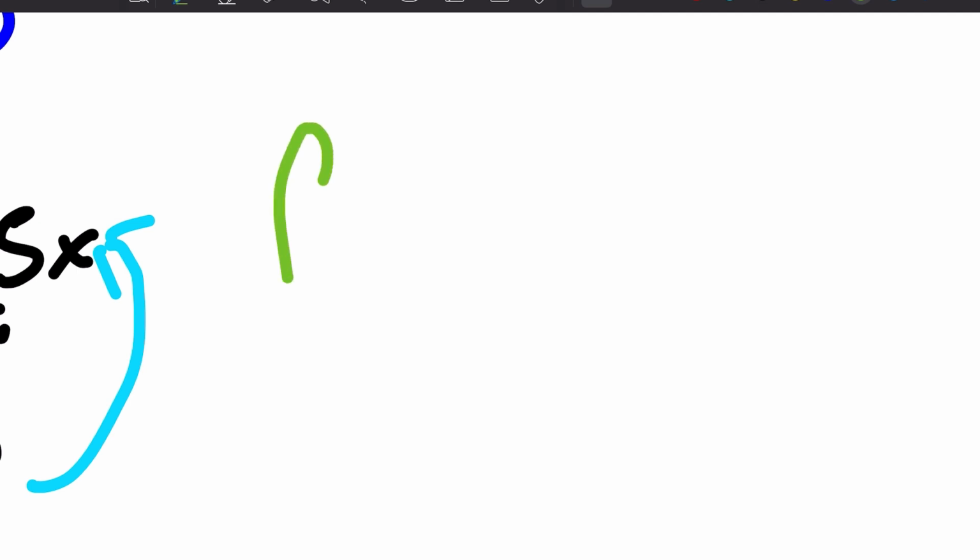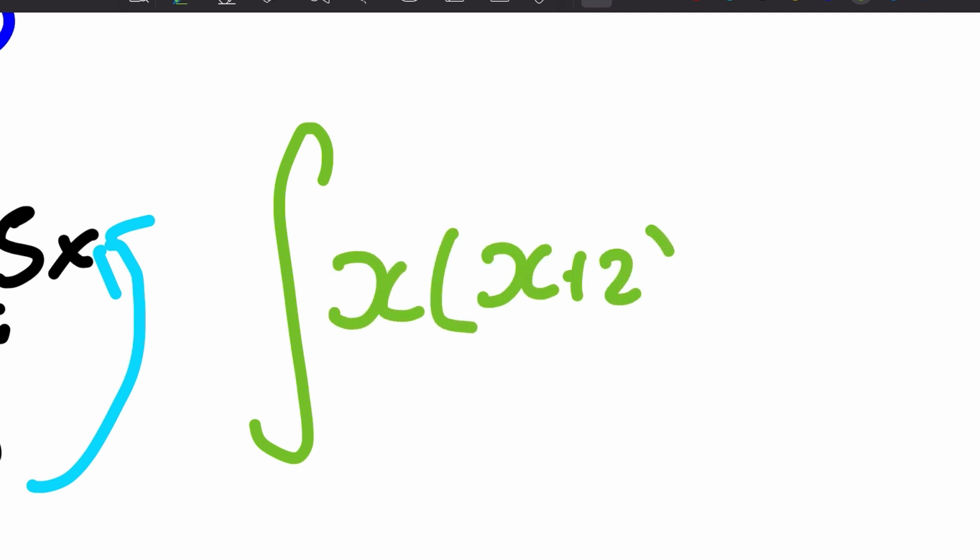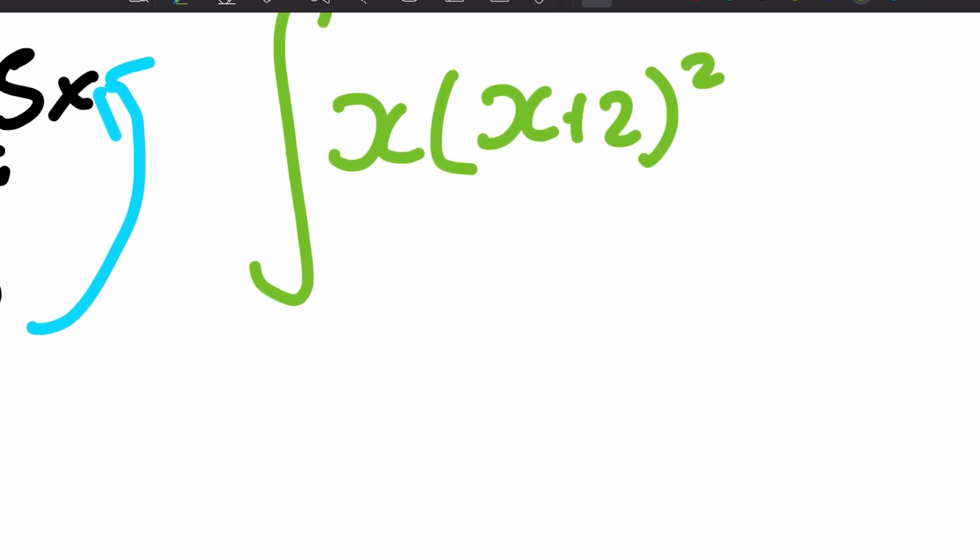So I'm going to ask you to find the integral of x times (x plus 2) squared. So what will this equal to?